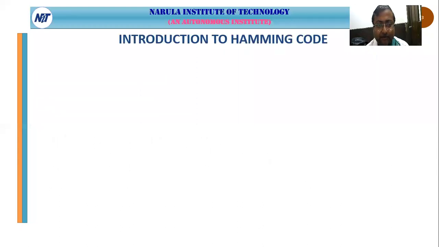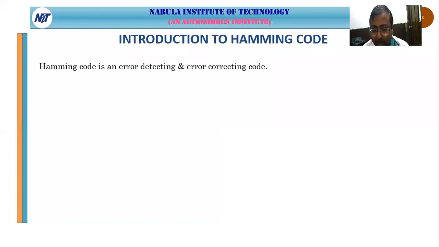So first, come to the introduction to the Hamming code. Hamming code is an error detecting and error correcting code. Hope you already learned about another code which only detects the error. What is that code? What is that process? You should already have learned.